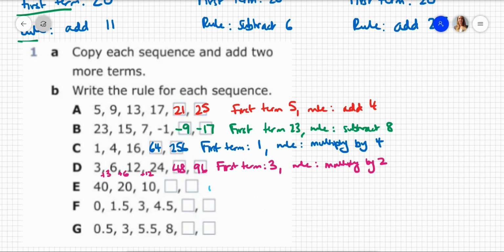Next one, first term is 40, and it is dividing by 2. So this is divide by 2 to get 20, divide by 2 to get 10, so it'll be 5 and then 2.5.